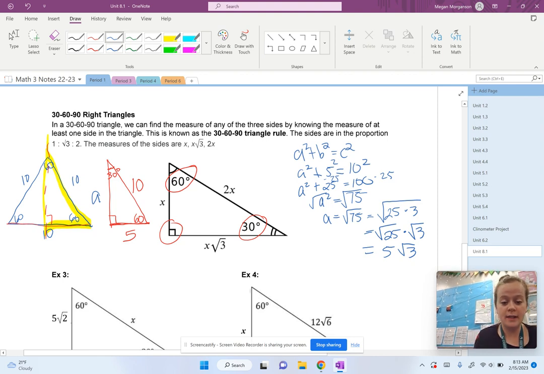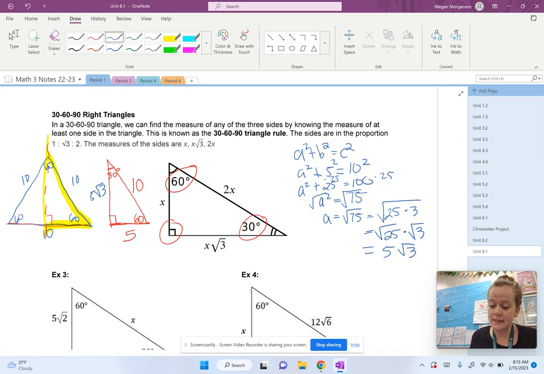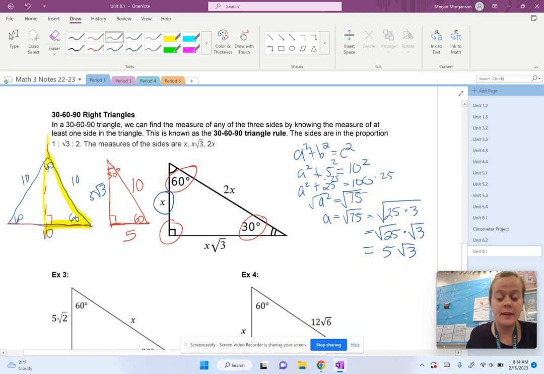So this kind of demonstrates what our pattern is here. 5 root 3. So the short leg is x right here, this short leg. The hypotenuse is always going to be 2 times the length of the short leg. So remember over here the short leg was 5 and our hypotenuse is 10.